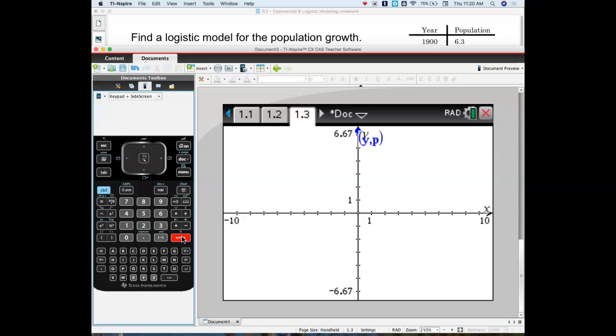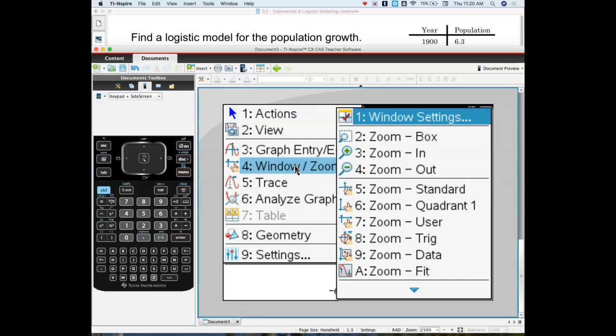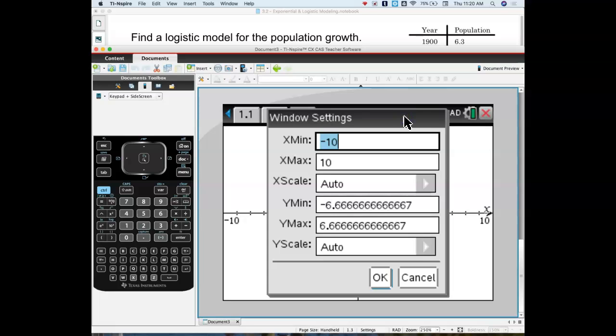So now I've got to adjust my window. Let's talk window settings here. X's is years. I'm going to keep it at -10. How far out do I have to go? 120-ish? I've got to go at least to 100, so I'm going to go by 10s. Y's is population, so I don't need negatives there.